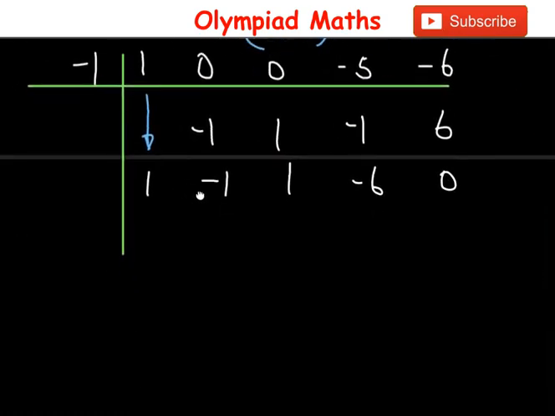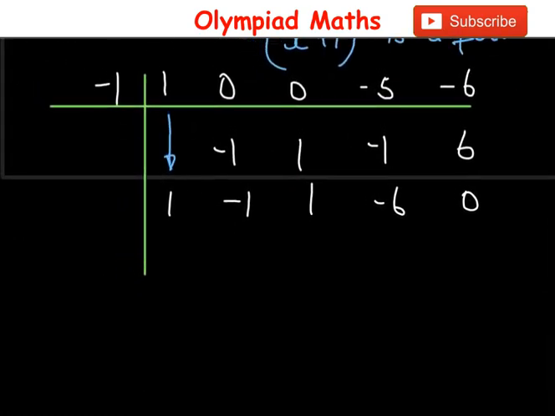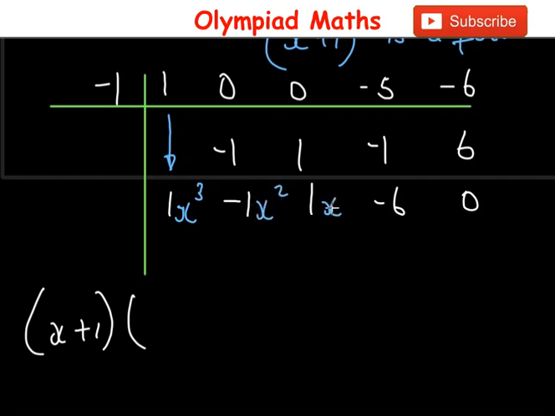So with this, we have the other factors for the equation. The first factor that we have is x plus 1. For the other factor, bear in mind that these values are the coefficients: 1 is the coefficient of x raised to power 3, this is the coefficient of x raised to power 2, and this one is the coefficient of x.